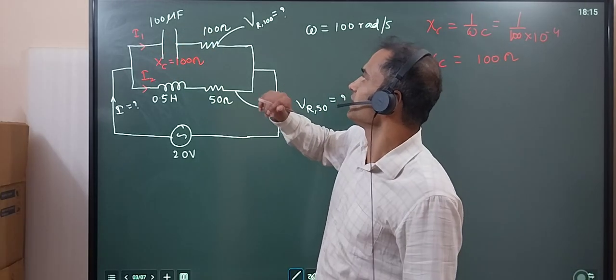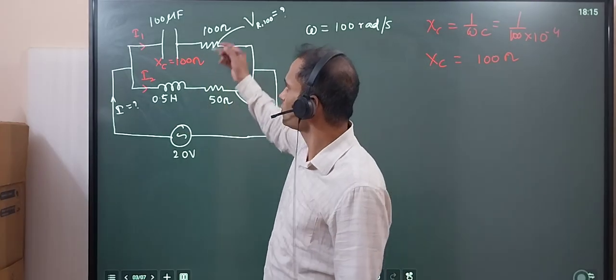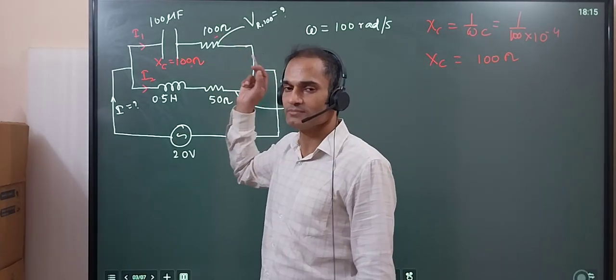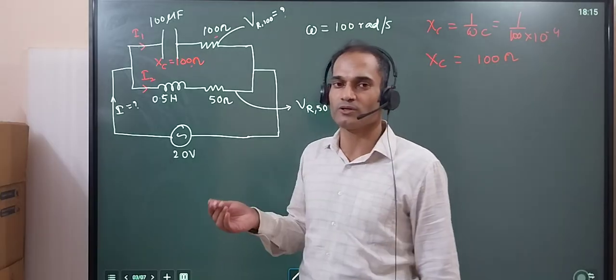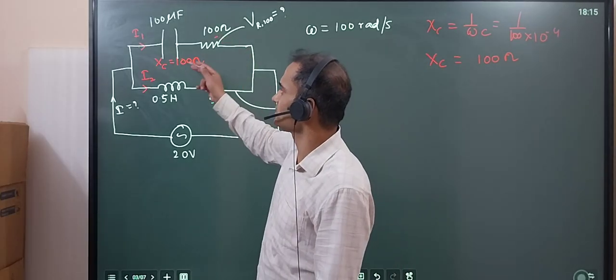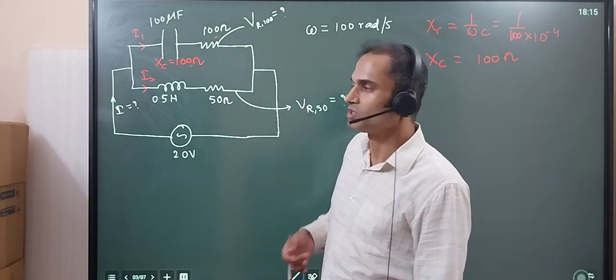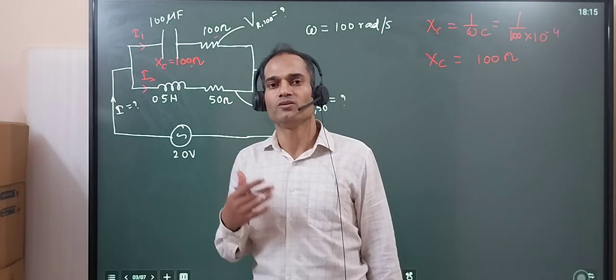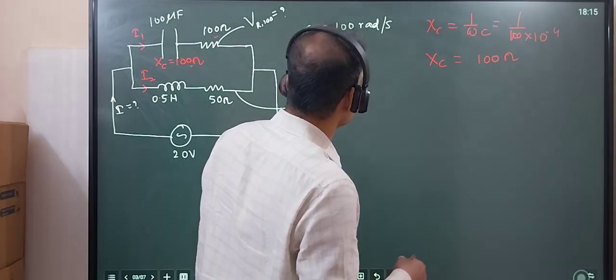And what will be the angle? This resistance and this reactance are the same, so current will be leading by an angle of 45 degree.